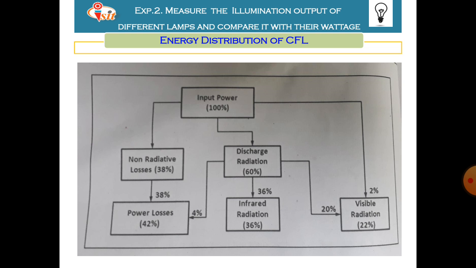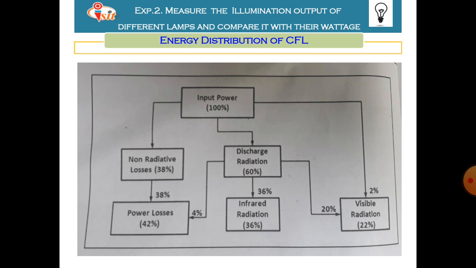Next is the energy distribution of the compact fluorescent lamp, that is CFL. If CFL consumes 100% input electrical energy, then it produces non-radiative losses as well as radiations. In the non-radiative losses, 38% are losses, out of which power losses are 42% and an additional 4% from the discharge radiations.